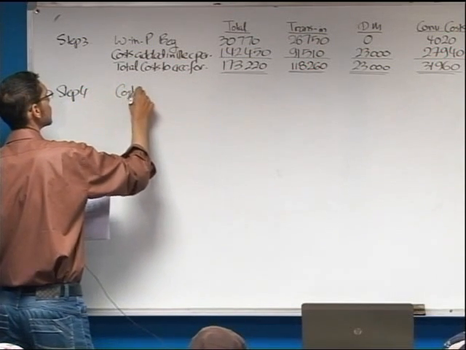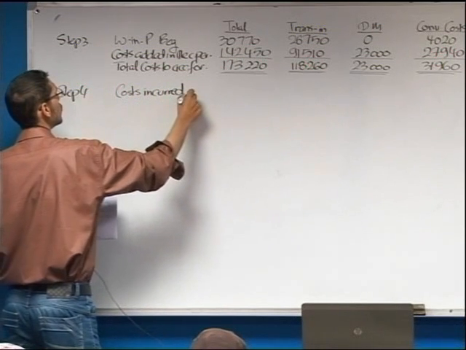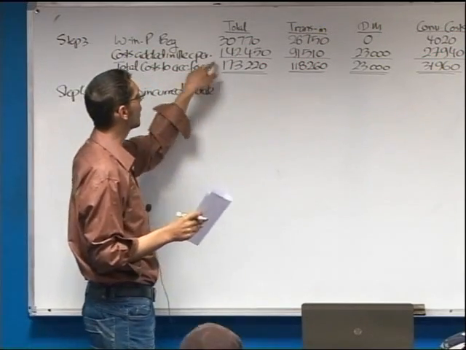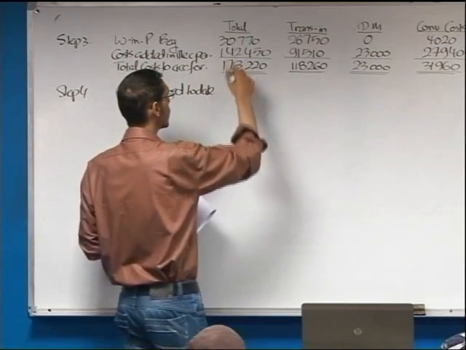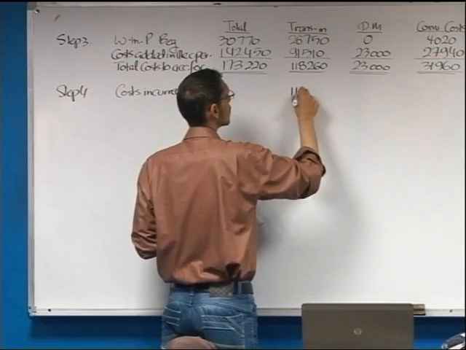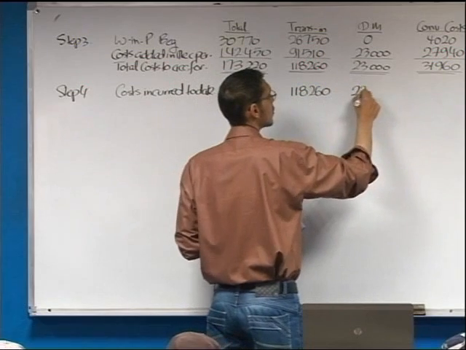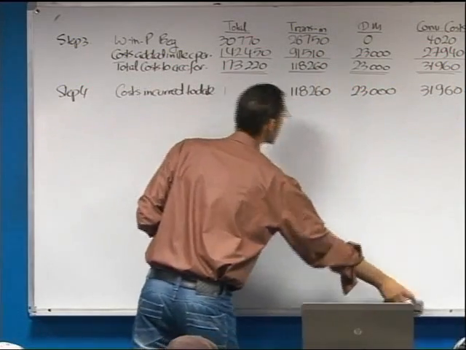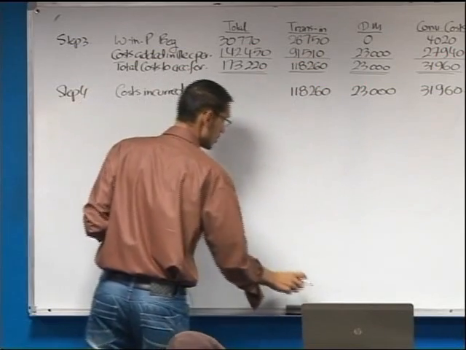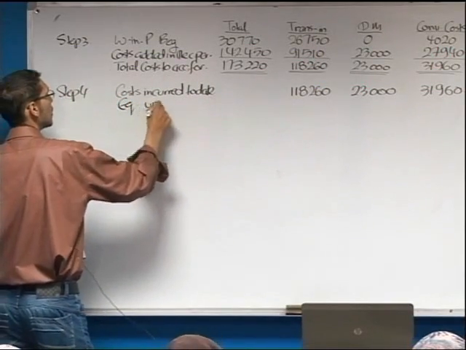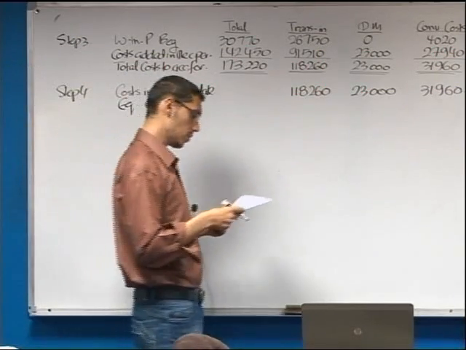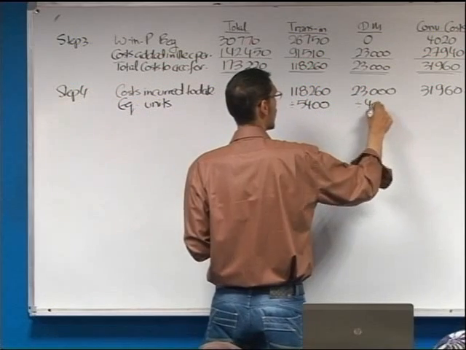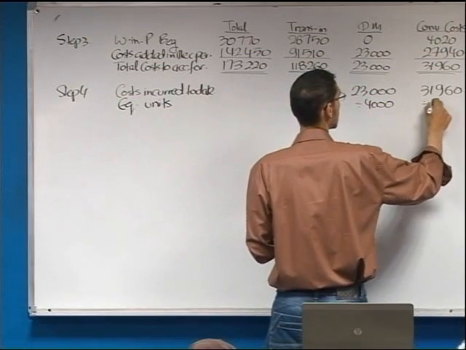Therefore, in step number 4, we take the costs incurred up to date, which is the last line in step number 3, as they are: 118,260, 23,000, and 31,960, divided by the total equivalent units calculated in step number 2: 5,400, 4,000, and 4,700.